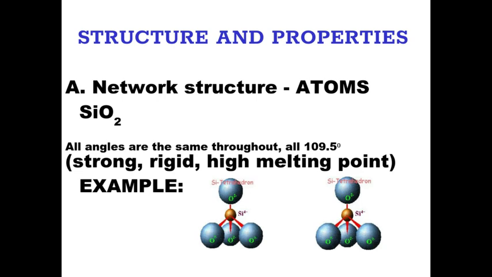They all have 109.5 degree angles. And they have very short bonds, it looks like. And so all angles are the same throughout. So that makes this solid substance extremely strong, extremely rigid, and it has a very high melting point, which means I would have to heat this substance up to very high temperatures to get it to even start to break down.